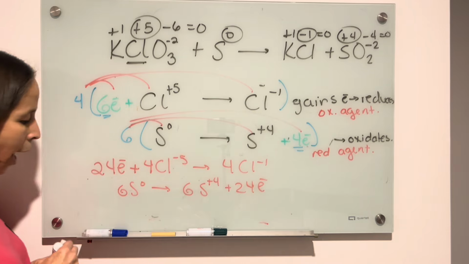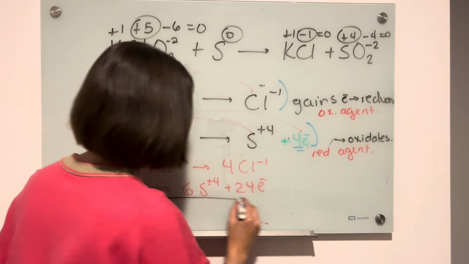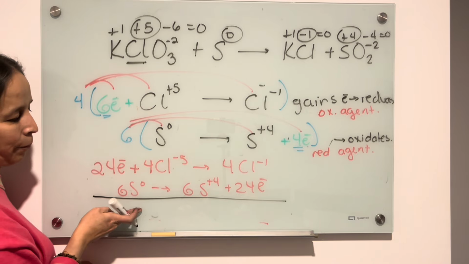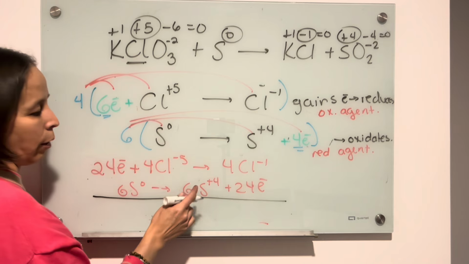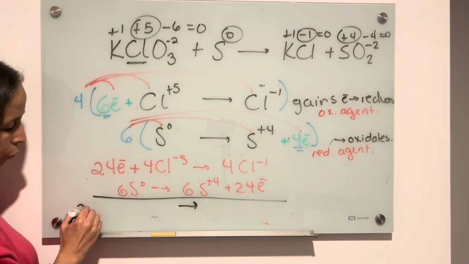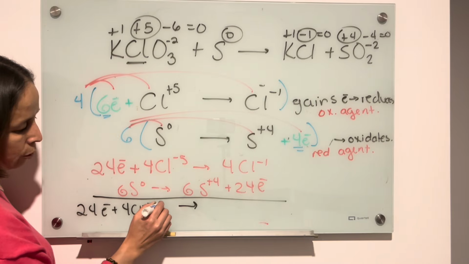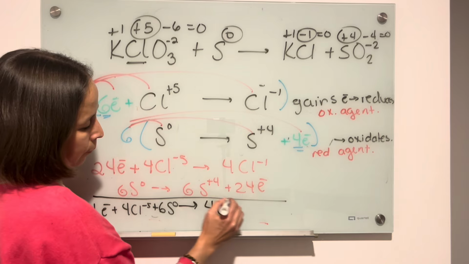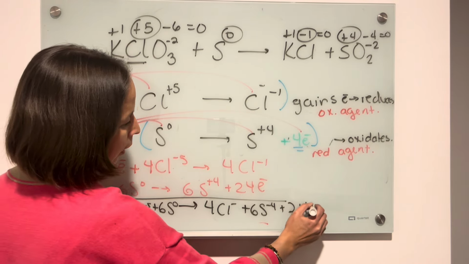And we are going to add both half reactions. We write everything in this side of the arrows, in this part, and we write everything in this side of the arrows in this part. We have 24 electrons plus 4 chlorine plus 6 sulfur, and in this side we have 4 chlorine plus 6 sulfur plus 24 electrons.